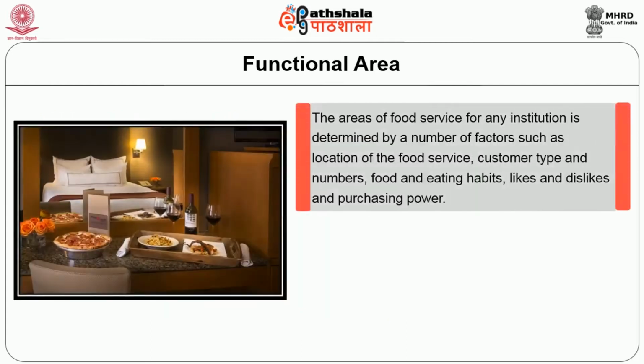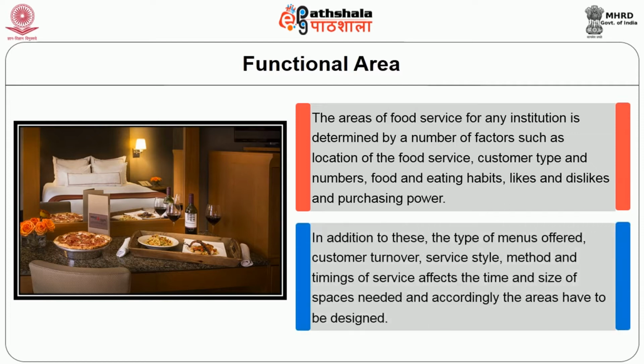The areas of food service for any institution is determined by a number of factors such as location of the food service, customer type and numbers, food and eating habits, likes and dislikes, and purchasing power. In addition to these, the type of menus offered, customer turnover, service style, method and timings of service affects the time and size of spaces needed, and accordingly the areas have to be designed.